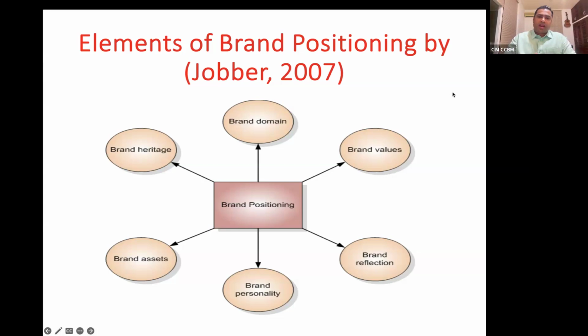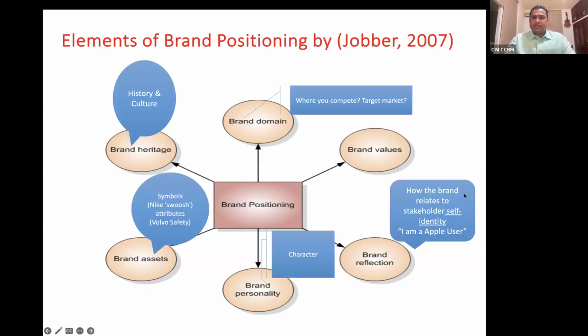So we talk about the brand domain, brand values, brand reflection, personality, brand assets, and brand heritage. I'll give you a meaning to that. The brand domain is where you compete, your target market. The brand heritage is the history, the culture of the brand. Some brands have a long heritage, 100 years, like Disney.